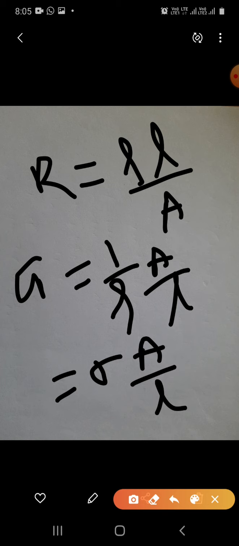So this is the mathematical formula for conductance.